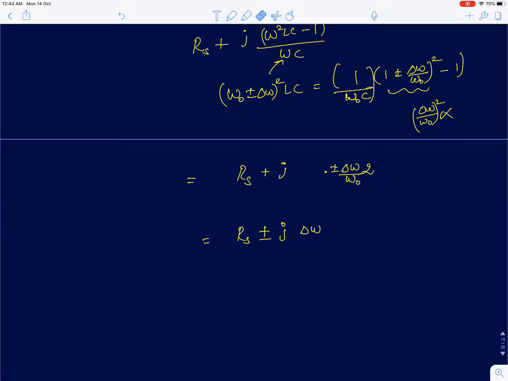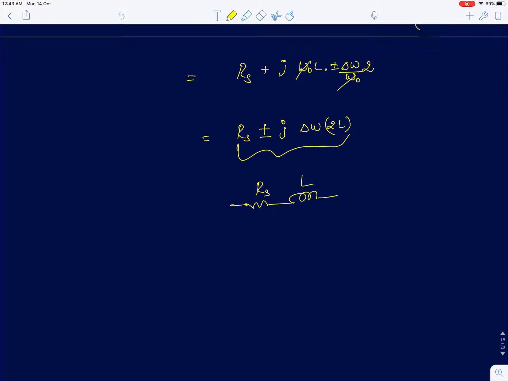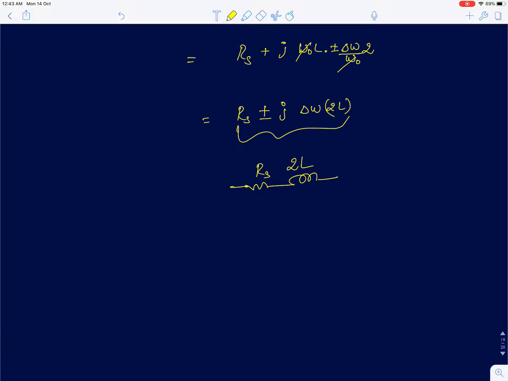I will replace this term with omega naught L, and omega naught would cancel out. You will be left with delta omega into 2L. If you look at this, this is nothing but a resistor and an inductor of value 2L in series.